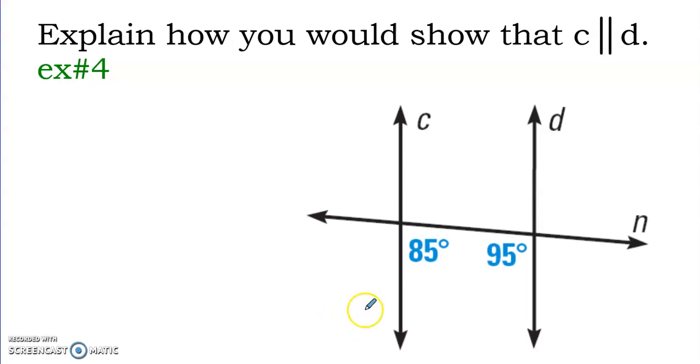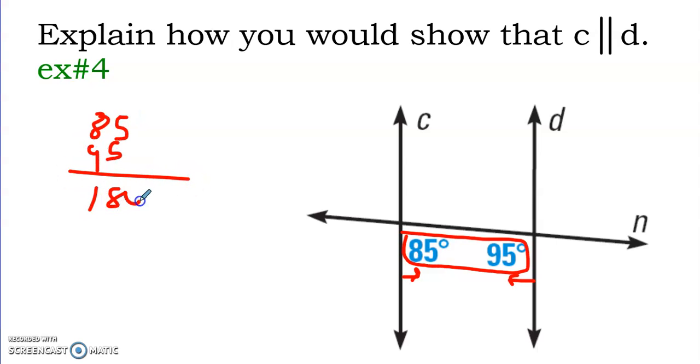And last but not least, these are on the same side of my transversal N, and they're on the interior, the inside of lines C and D. So these are considered same side interior angles, and we want to check, do they add up to 180 degrees? And they do.